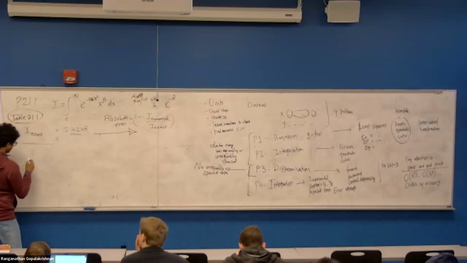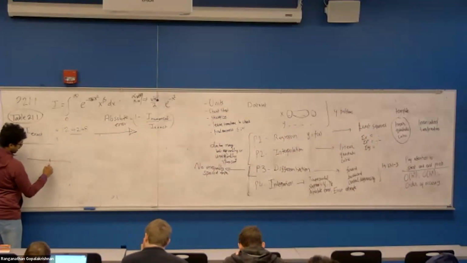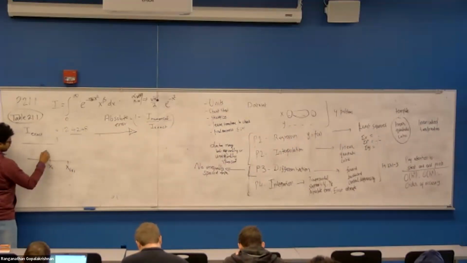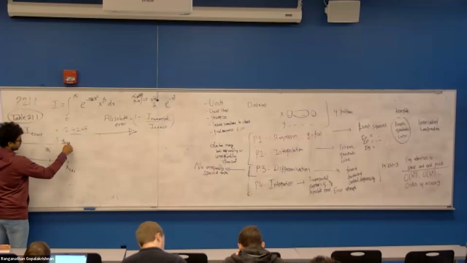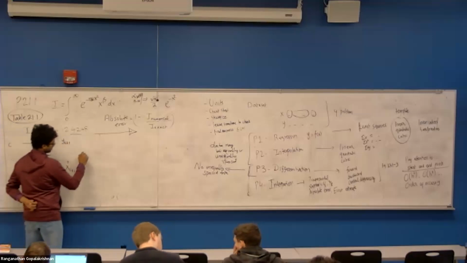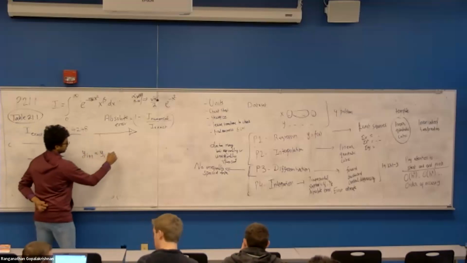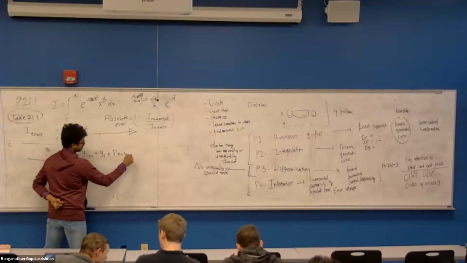So if you talk about a point xi, and you are interested in xi plus 1, and you know that the value of the function is yi here and yi plus 1 here. You can write yi plus 1 is yi plus a lot of perturbations.